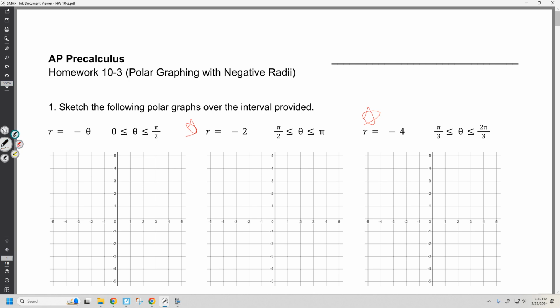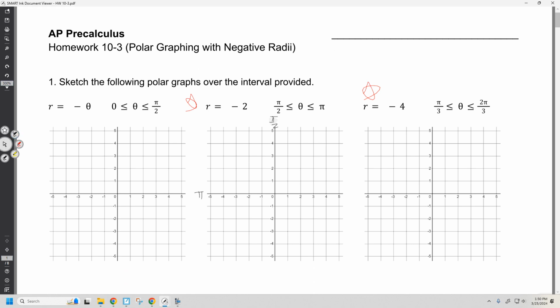If we are talking about the angles between pi over 2 and pi, give me a start and an end in a direction. I would talk about a start here. At that point, I would be increasing my angle, but my radius being negative would put my graph over there.